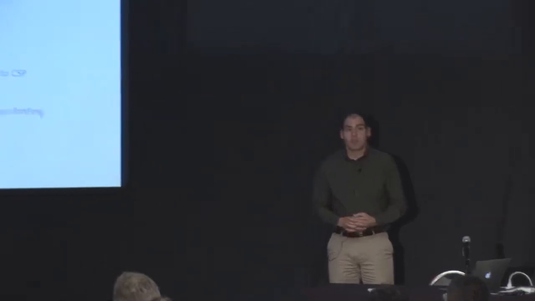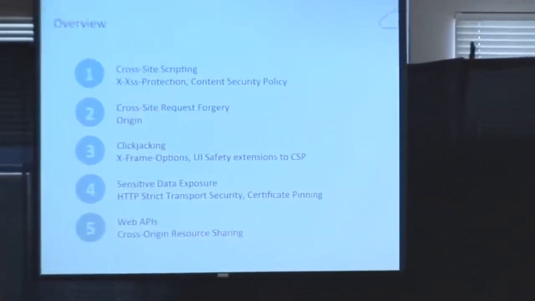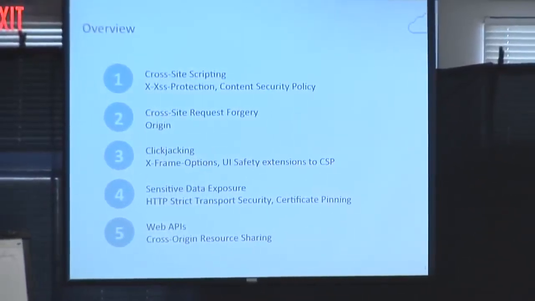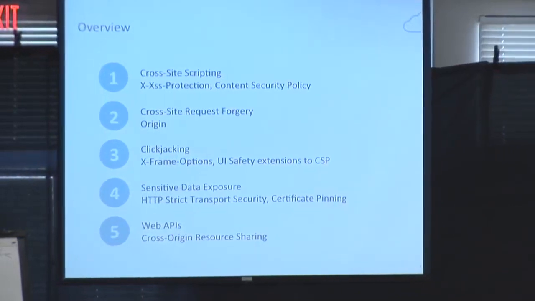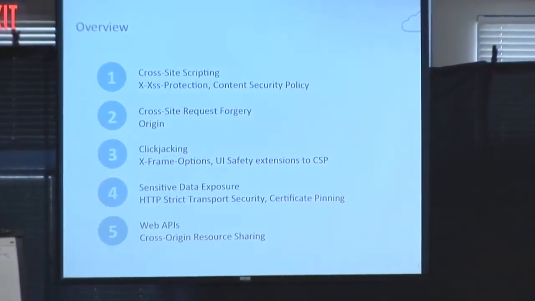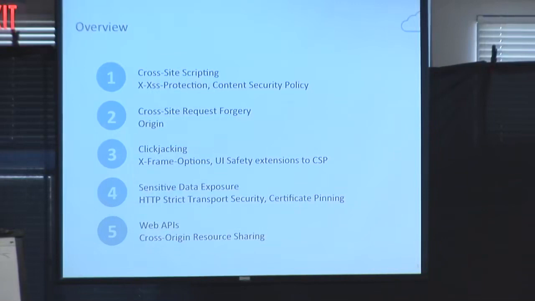I'm going to start off talking about cross-site scripting. This is the most common vulnerability that we see at Box, and I think that's probably the case for many of you in your organizations. There's a couple of headers that can be used to defend against that. Cross-site request forgery is another one on the OWASP top 10. Clickjacking comes up from time to time. There's a couple of ways that are fairly effective at defending against clickjacking.